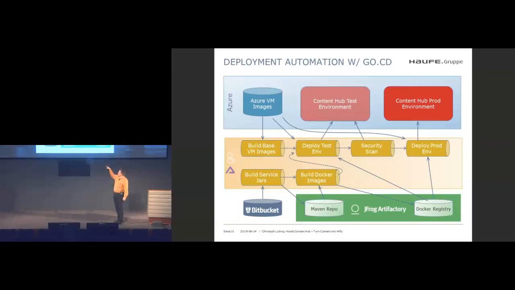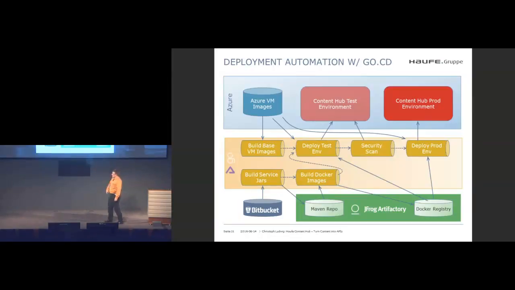These images are stored in Azure, and whenever we have new Docker images or a new base image, we have a pipeline that will set up a new test environment. There we can do our tests, and most importantly, we can also do our security scans against.